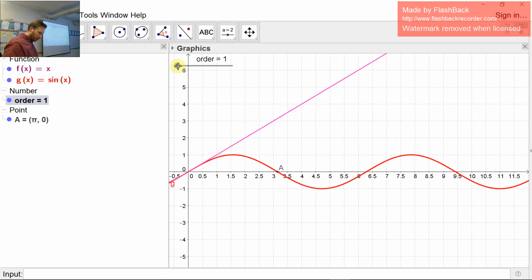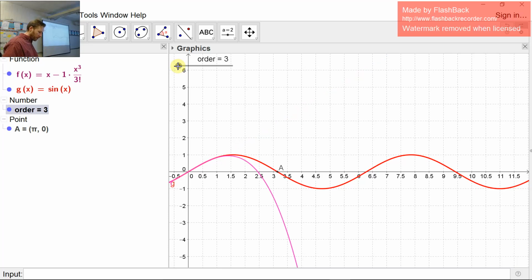So there's order 2, nothing happens, right? Because that term is still 0. So now I have a cubic. Here's my next term, minus x cubed over 3 factorial. Hopefully that's what you got. Yes?